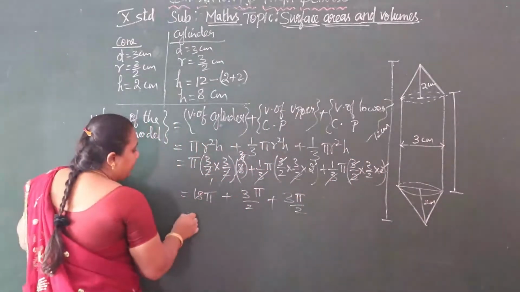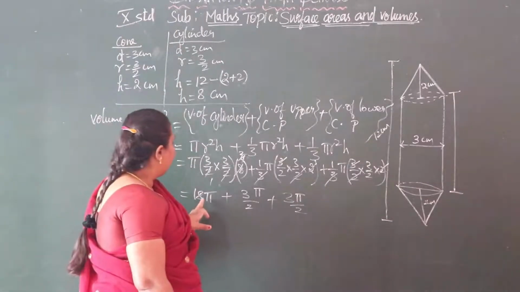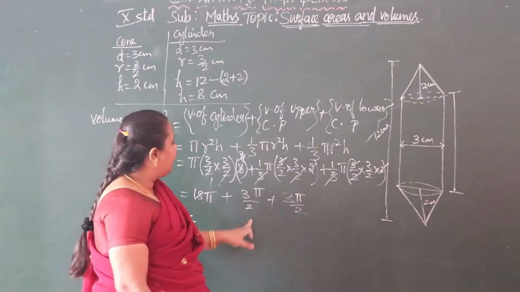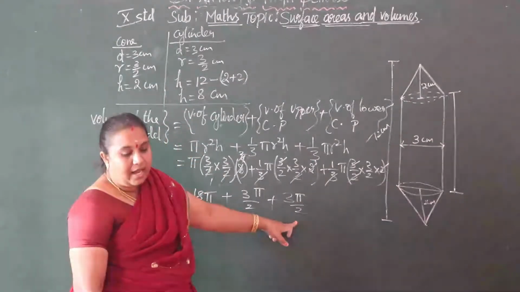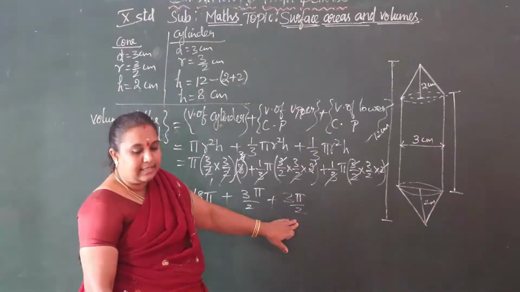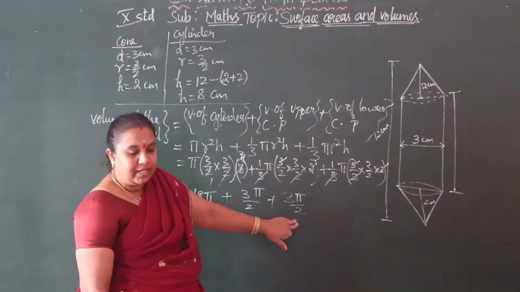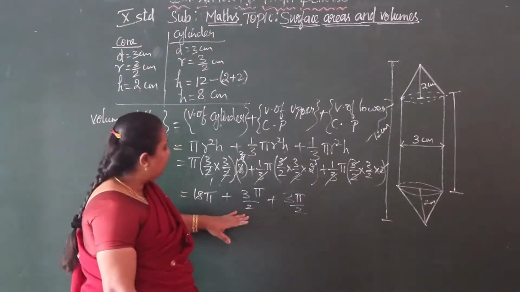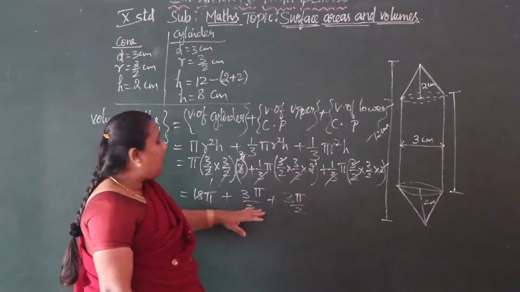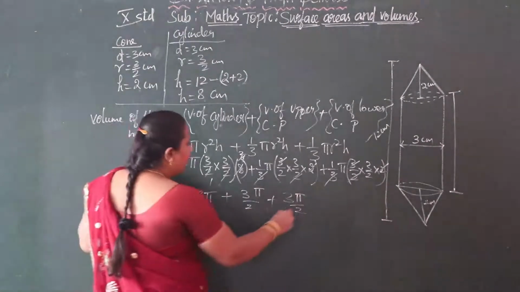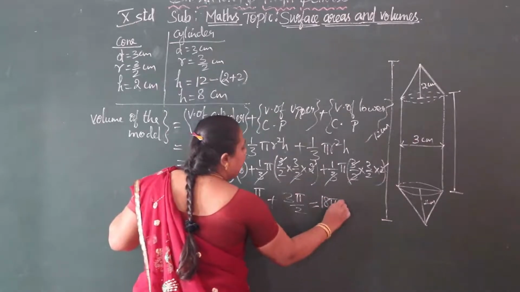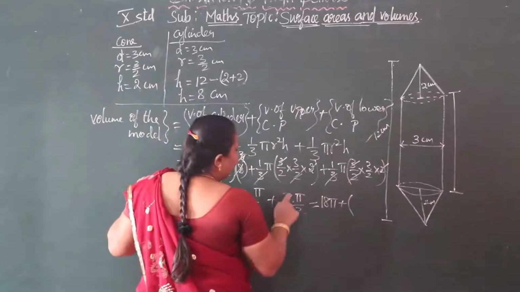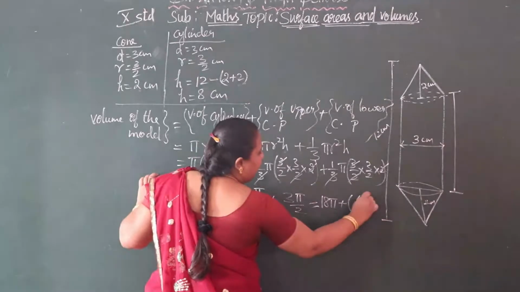Now we take the LCM here. So 18 pi plus 3 pi by 2 plus 3 pi by 2. The LCM is 2, so we add these two: 3 pi by 2 plus 3 pi by 2 is 6 pi by 2.